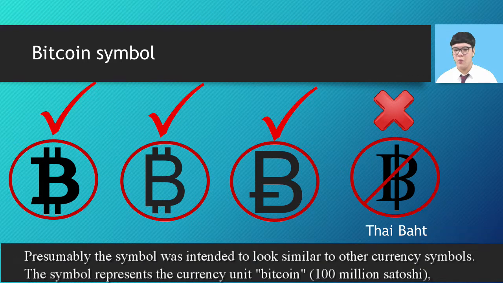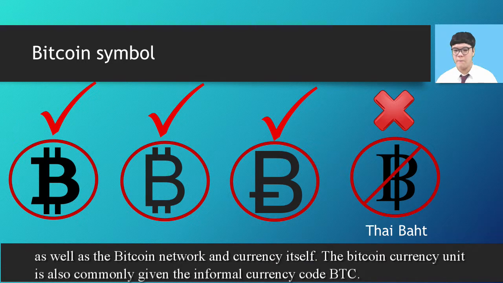Presumably, the symbol was intended to look similar to other currency symbols. The symbol represents the currency unit Bitcoin, 100 million Satoshi, as well as the Bitcoin network and currency itself.